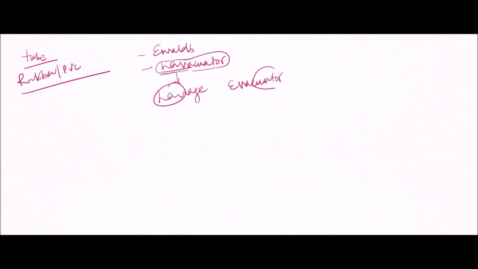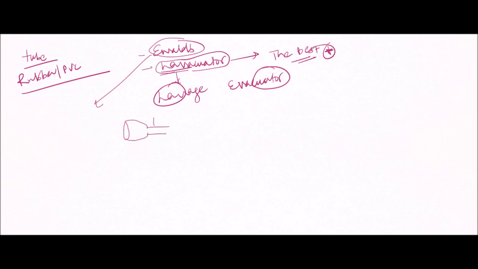So Lavaquator is the best tube for gastric lavage. Then the second tube is the Wells tube. It has two ends. One is a funnel shape end with a mouth gag, which can be made up of plastic or wood.